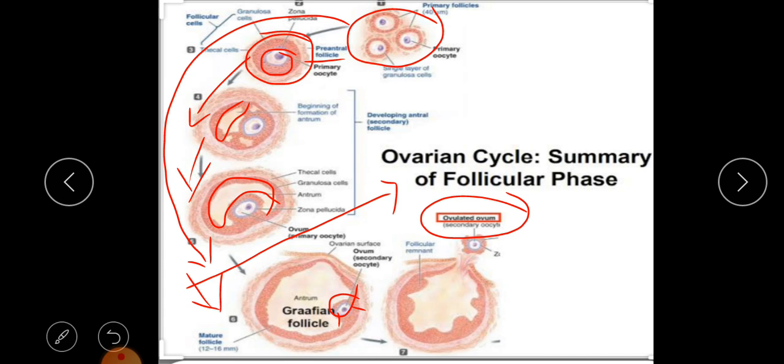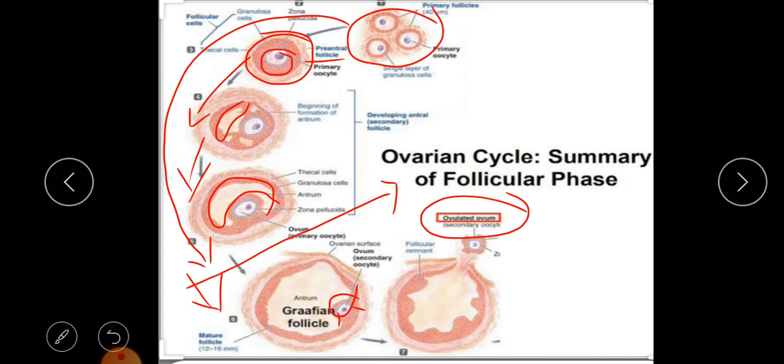Okay, that's why I already said in the previous slide that at the primary follicle stage, meiosis 1 is taking place, and in that meiosis 1, at the prophase 1 stage, the primary follicle is arrested temporarily and paused for a short time.